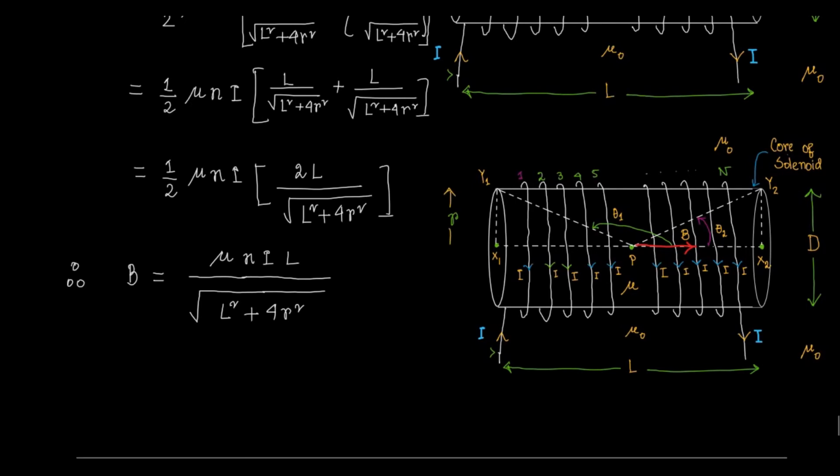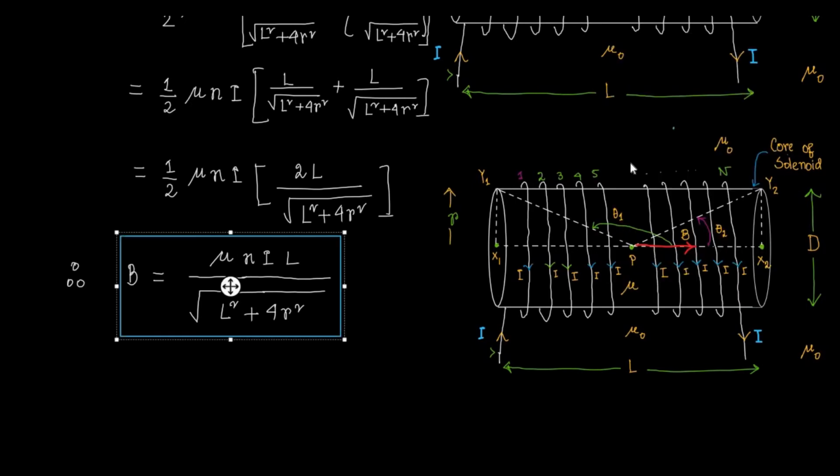Here R is the radius of the circular cross section of the solenoid.